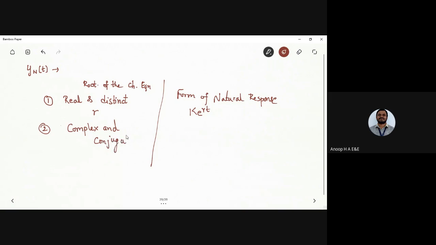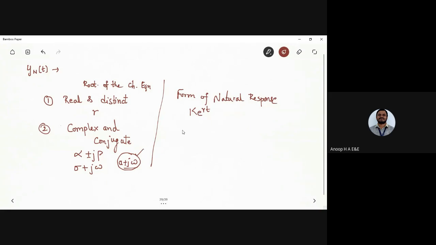Anyone in the meeting? It is the change in the sign. So I'll be having alpha plus or minus j beta, or sigma plus or minus j omega, or a plus or minus j omega. This is related to the complex conjugate.